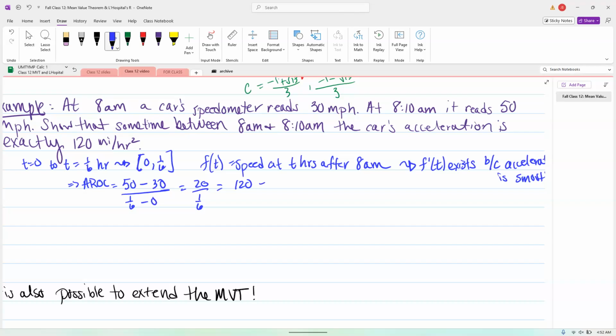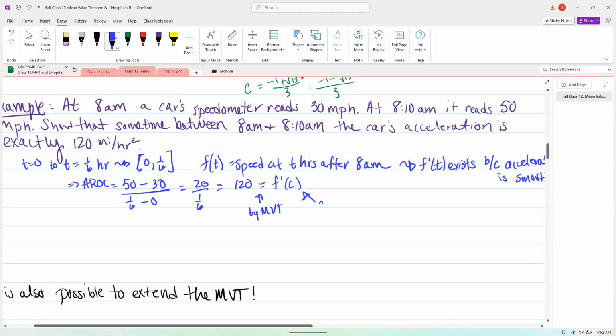And so then I'm going to say that this is equal to f prime of c by MVT. And this, my friends, if f was speed, is acceleration. So I think I have the outline.